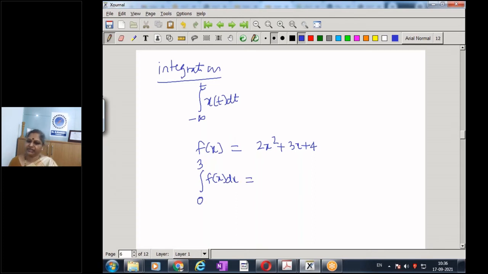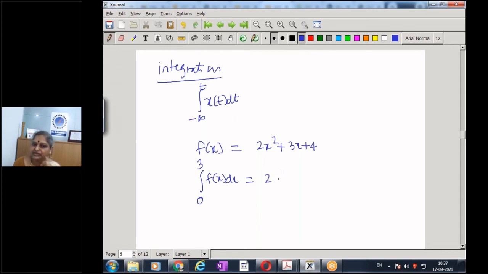Can someone do it and tell me the answer? What is the integral of this function, 2x squared plus 3x plus 4? What will be the integral?